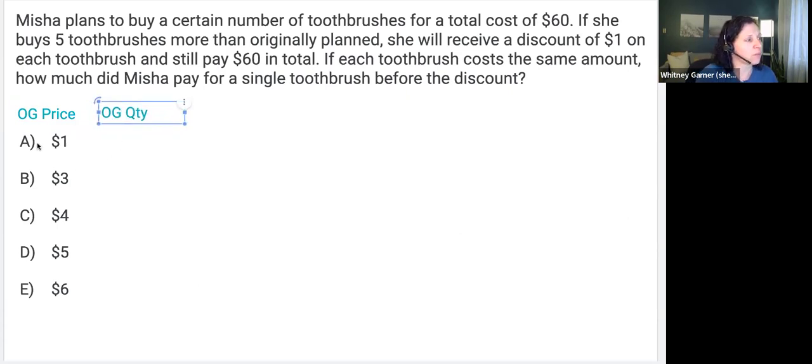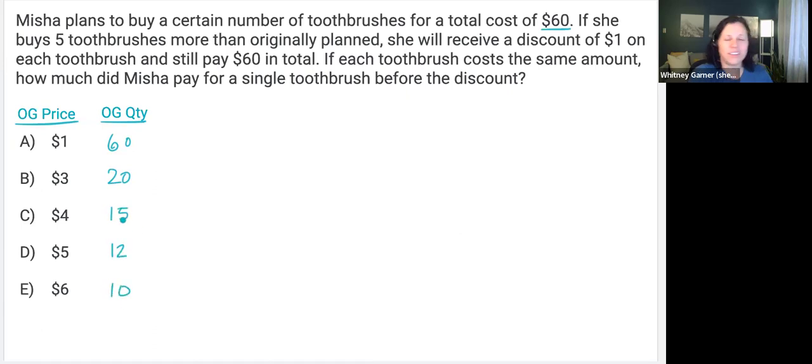Okay, so if my original price was $1 and I was spending 60, I could buy 60 toothbrushes or 20 toothbrushes or 15 toothbrushes or 12 toothbrushes or 10 toothbrushes. Note your small multiples of 15. The GMAT uses them all the time. Okay, those are my original quantities.